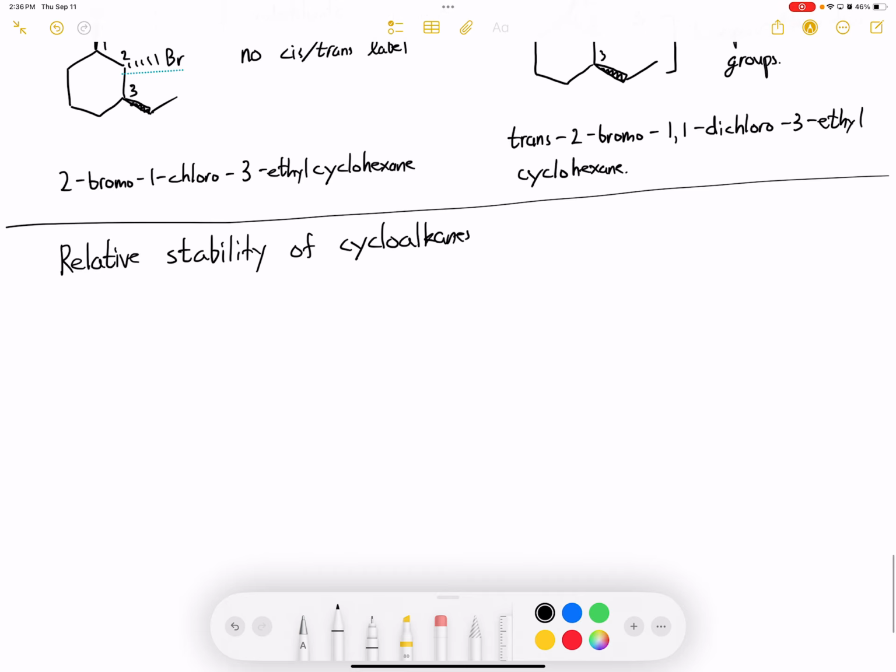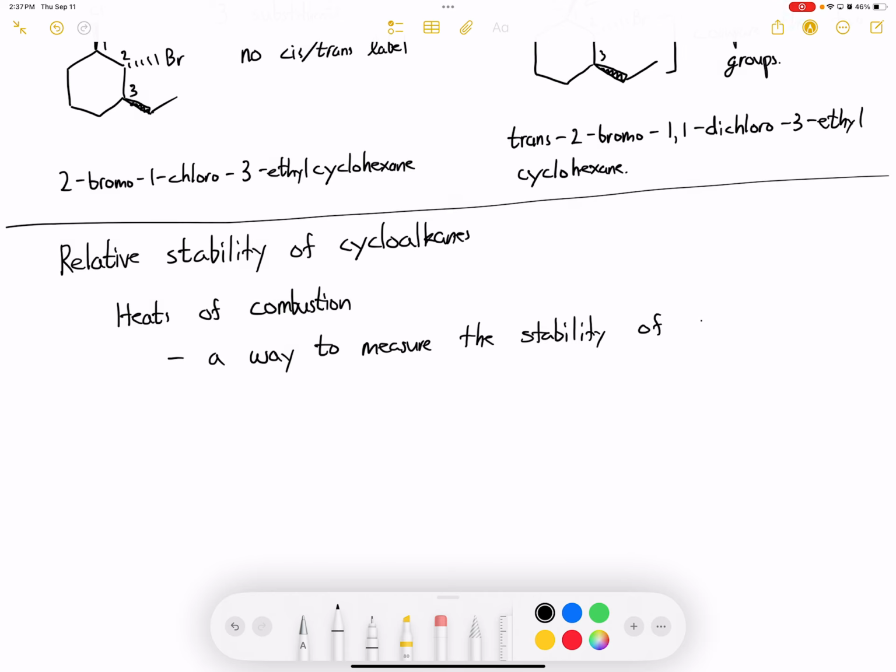First, let's review heats of combustion, a way to measure the stability of cycloalkanes.